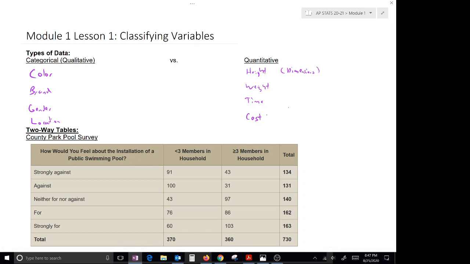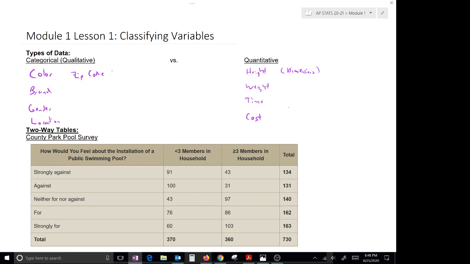Now we have to be careful with quantitative because a lot of people just say quantitative just means numbers. Take the example of an area code or a zip code. A zip code is actually a categorical or qualitative value because even though they're numbers, they don't have any sort of increasing or decreasing value associated to them.